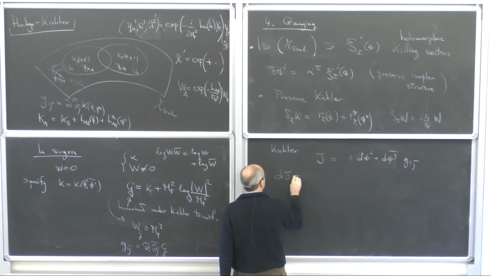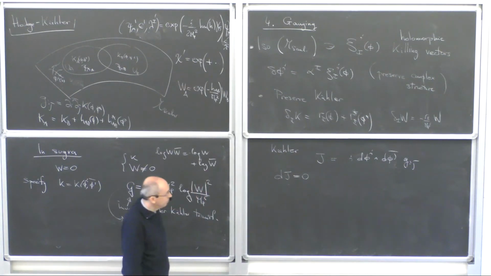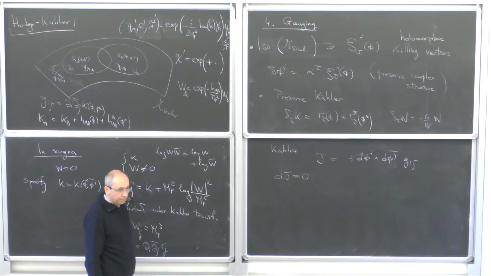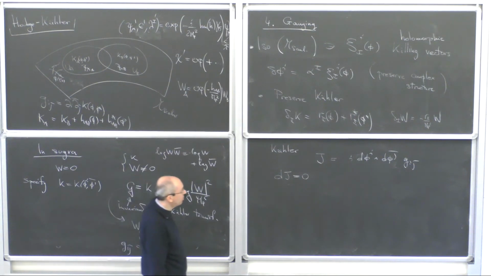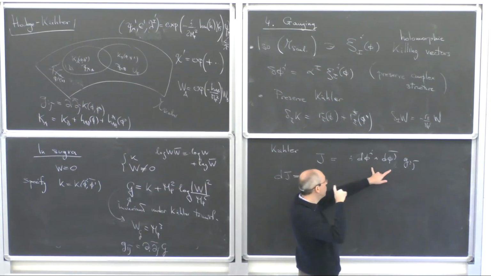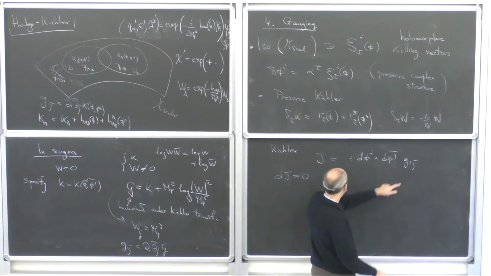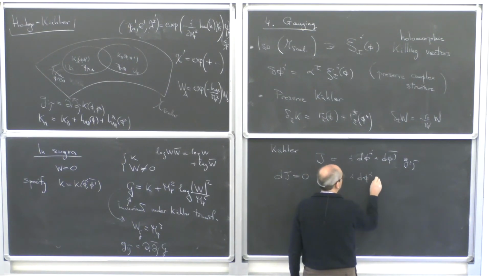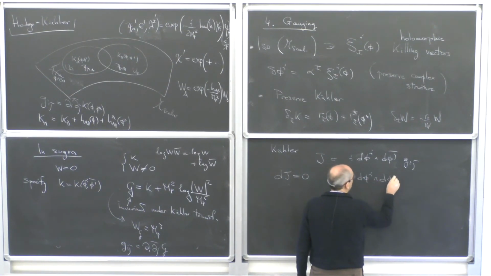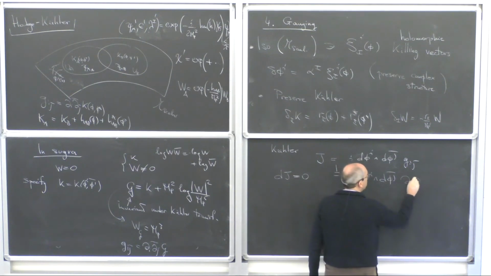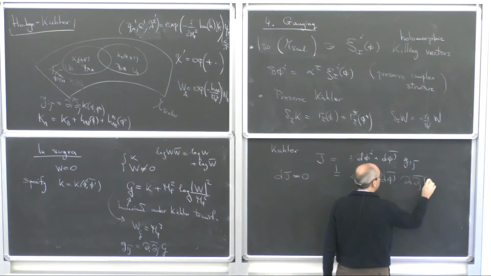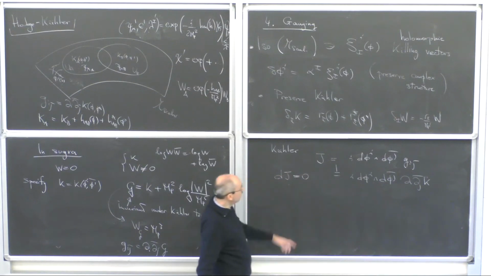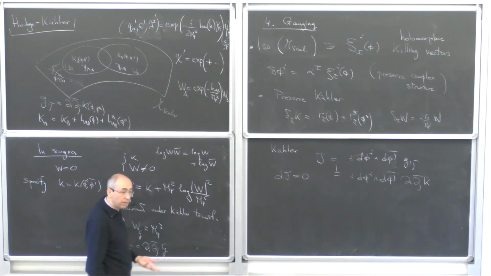Which is closed. And this follows from the fact that this is the second mixed derivative of the Kähler potential, so you can always write J as d of something locally.